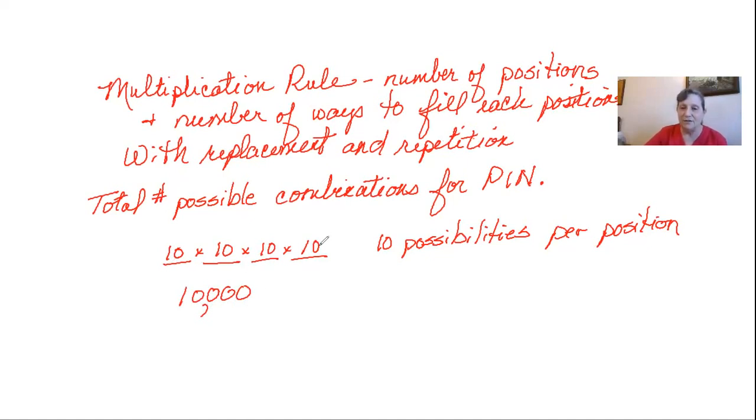Now, if you look at this as a number, for instance, say your pin is 2653. So you've got a 2 and then a 6 and then a 5 and a 3. You can also look at this as the number 2,653.